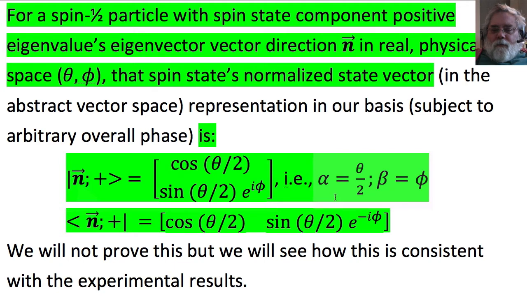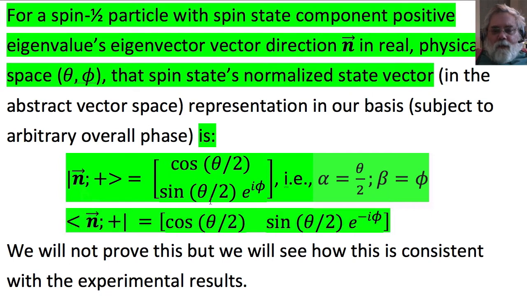And so in our earlier two-state system, we had cosine alpha and sine alpha. Those get replaced by theta over 2. Alpha was not a physical direction for an arbitrary two-state system, but for spin 1/2, we do have a definite direction, theta, in our spin state. And phi is the same as beta.